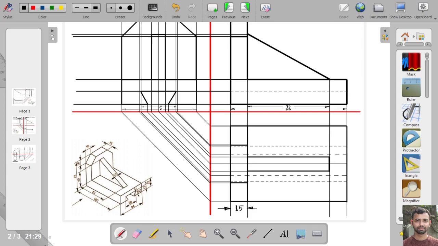Okay. This 20 mm dimension can also be seen in the top view. So we will show this 20 mm dimension in the top view. To show the 20 mm dimension, we will use an extension line, and then the dimension line, and we will write the dimension.